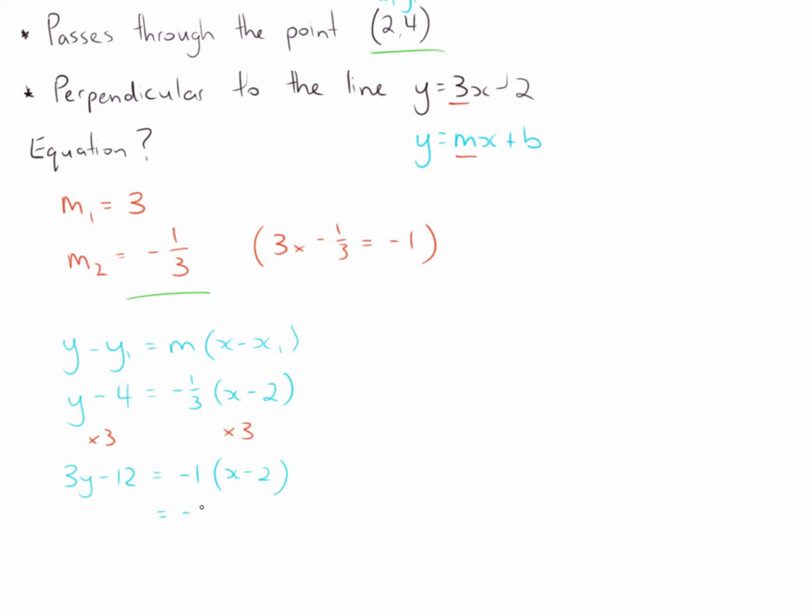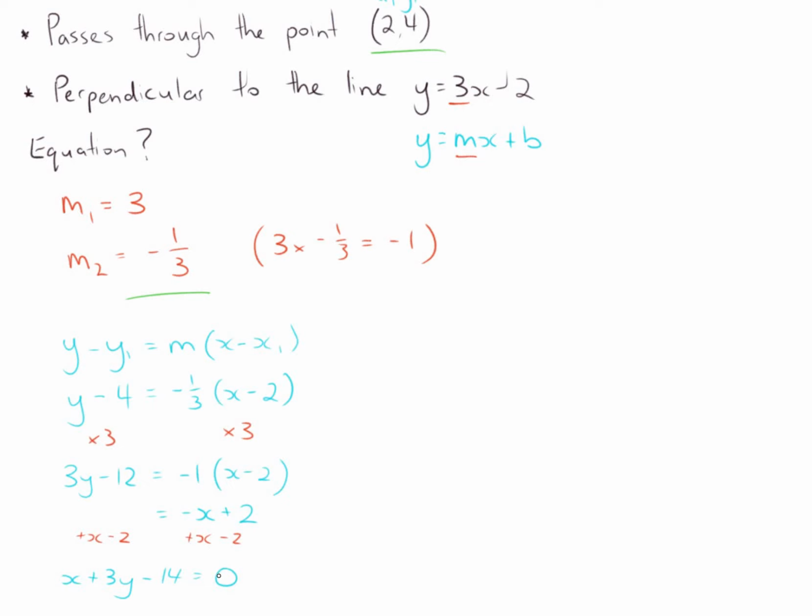Expanding those brackets out, that's minus x plus 2. Now for general form, we want everything over on the left, so we're going to add x to both sides and take away 2 from both sides. And that leaves us with x plus 3y minus 14 equal to 0.